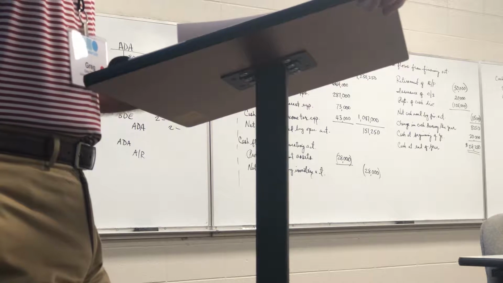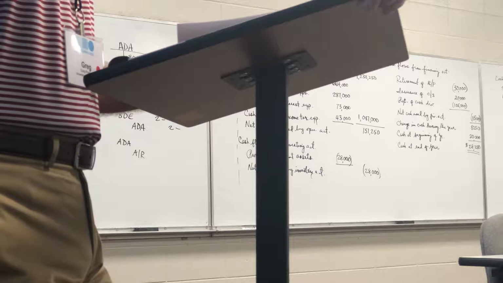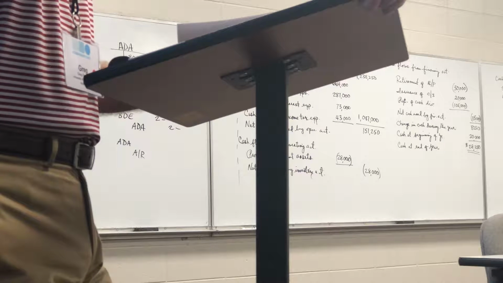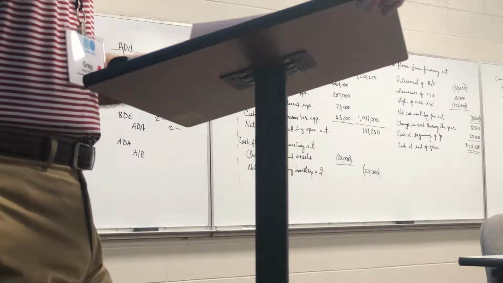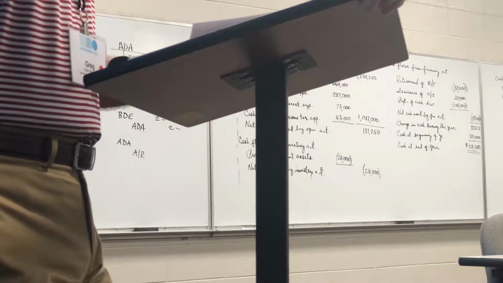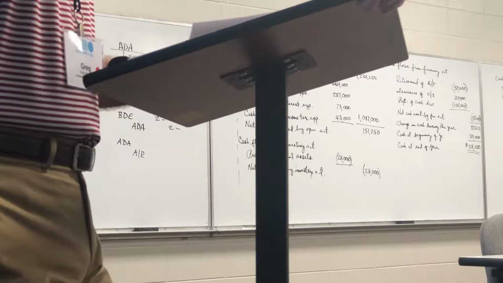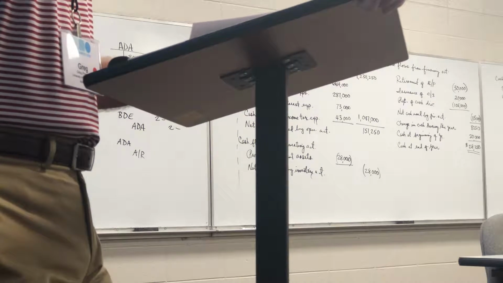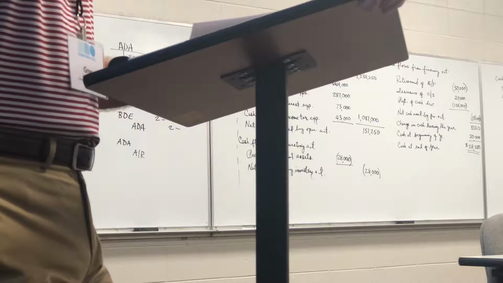How much is that gain? 15,000. And what should we do? Subtract it. Then what else do we have? Or do we have any more? Loss on sale of equipment. How much was that? 3,000. Add it or subtract it? Add it.